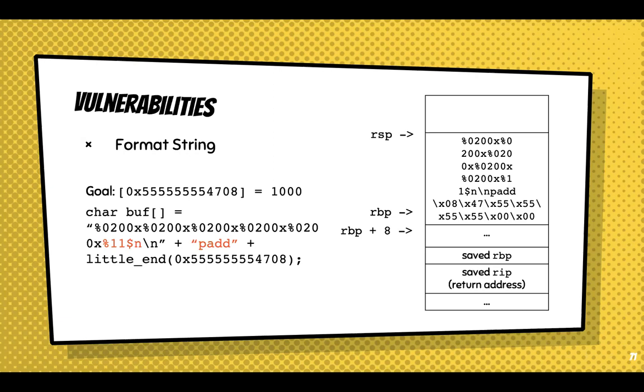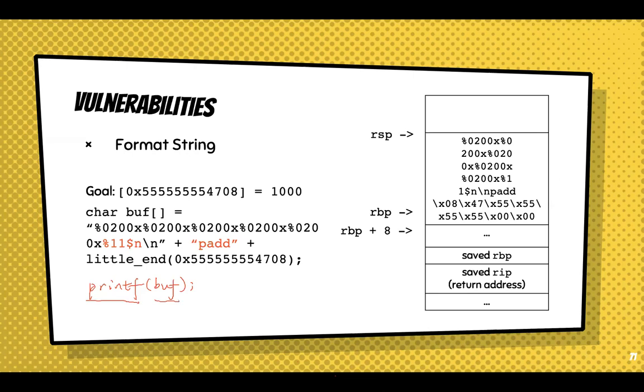Actually, let me just write one more statement, which is the print statement. So it has printf, and then just buff over here. All right. So for format string, first of all, this is printf, right? And according to x86-64's calling convention, this is the first argument.